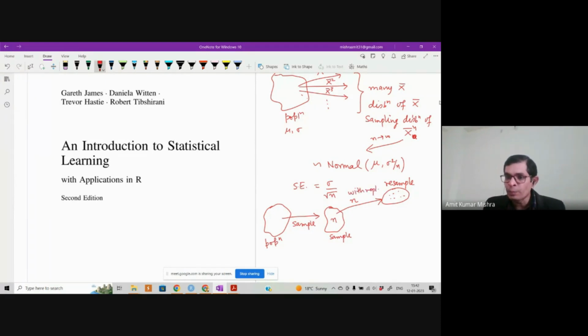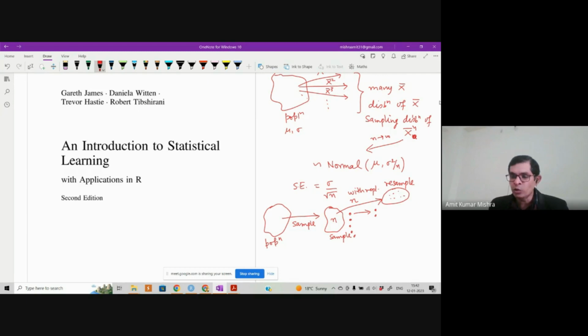With replacement means, if I had 5 observations, 1, 2, 3, 4, 5 observations in original data, then the first observation may be repeated. It is a possibility, because we will select one item, replace it, then we will select another item. So that will be with replacement.